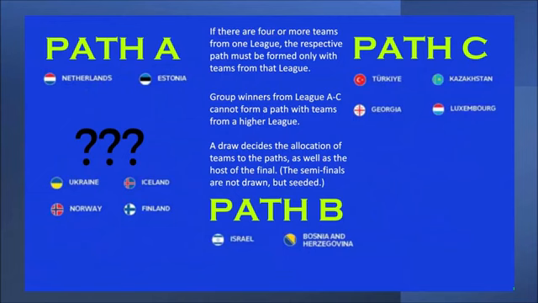Like I said, 2 are group winners, so those 2 are seeded in the path B, but for the other 4, we need a draw to allocate that. And this is what will probably happen also in the real life scenario.